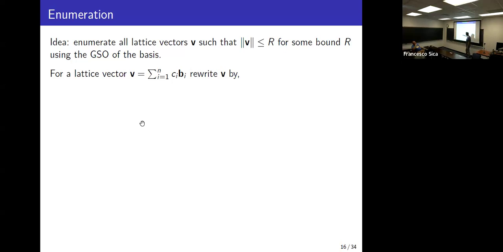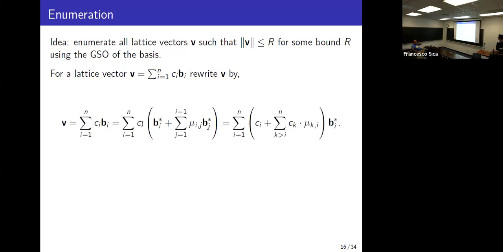For example, assuming that v corresponds to some hidden short vector, where v can be written as an integral linear combination of ci Bi, and each Bi I can rewrite using the Gram-Schmidt definition, where each Bi equals Bi star plus the mu coefficients of the Gram-Schmidt times Bj star.